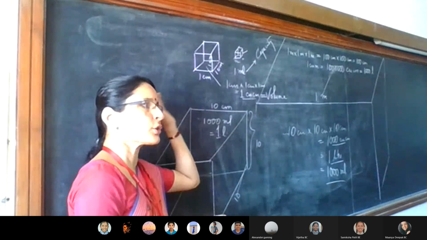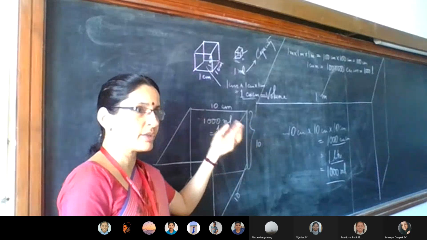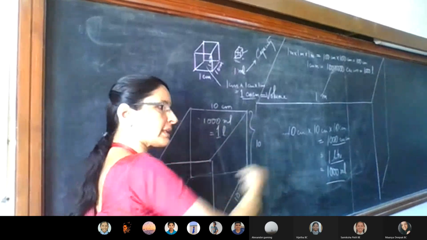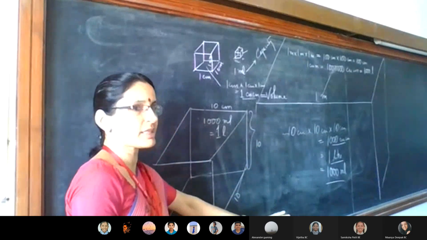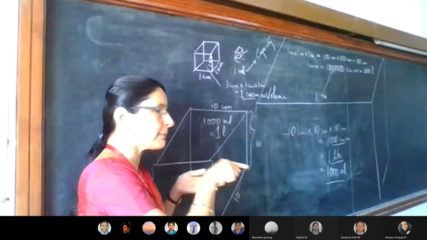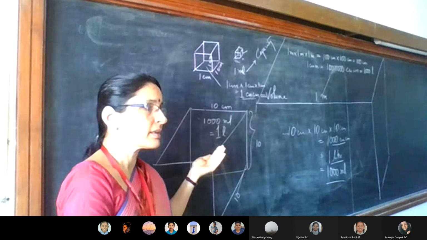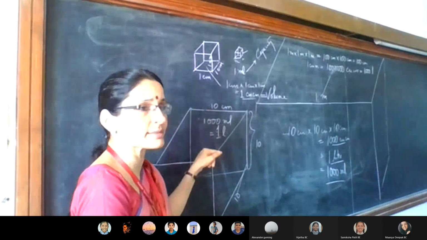Now, the tank. Go upstairs and find out if there is any cement tank in which water is filled. If the dimension is 1 meter edge, if it is in cube shape, sometimes they make cuboid shape, but if it is cube shape, 1 meter into 1 meter into 1 meter is its volume. 1 meter is also 100 centimeter, correct?